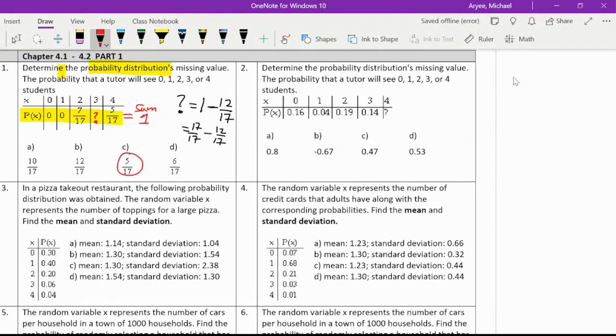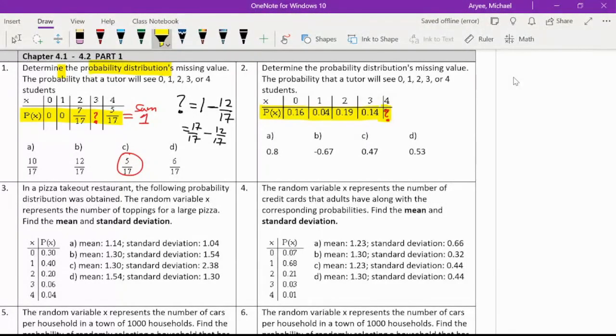That is so wonderful. So I want you to do this problem number 2. They ask, what is this question mark? If you cannot see it clearly, this is a question mark. So someone do question 2 and give me the result. The probability for the random variable 4 is missing.